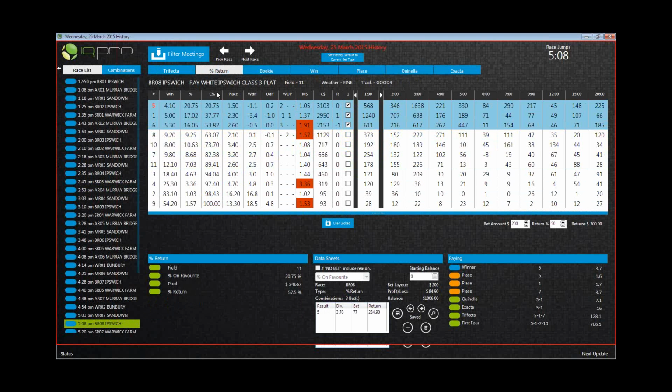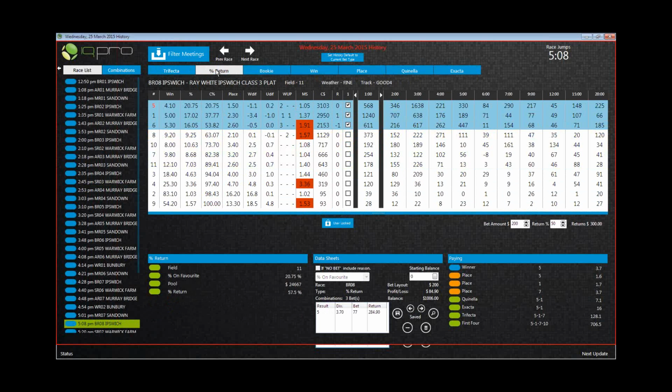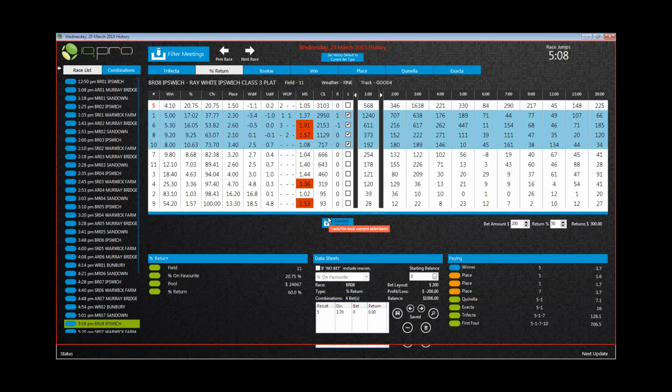Okay, now here in percentage return, because obviously it's not a trifecta race by any stretch of the imagination, we go to percentage return and we can see that we have a weak favourite. I'll just unlock it so we can see how it works.